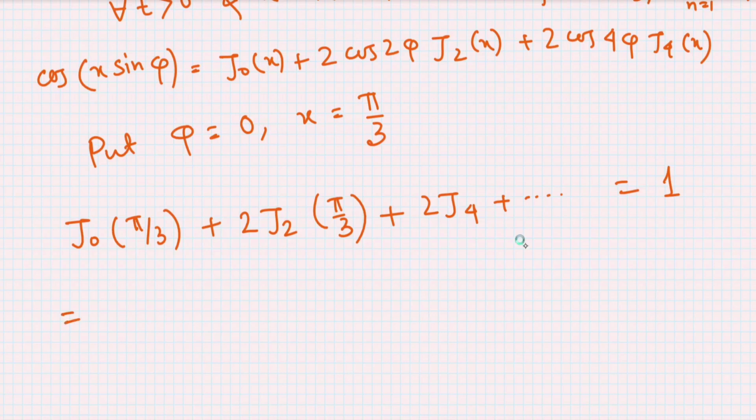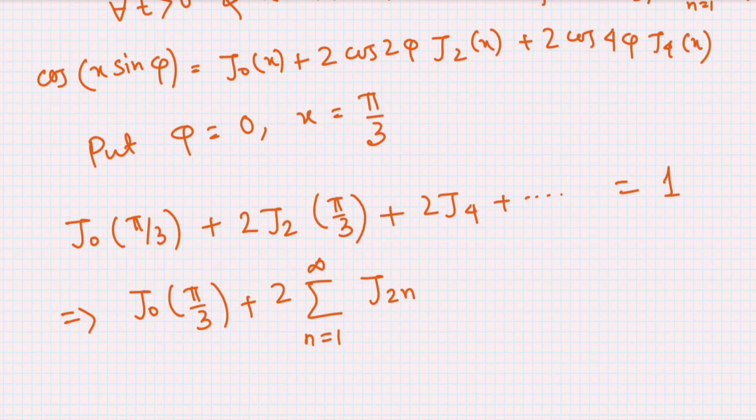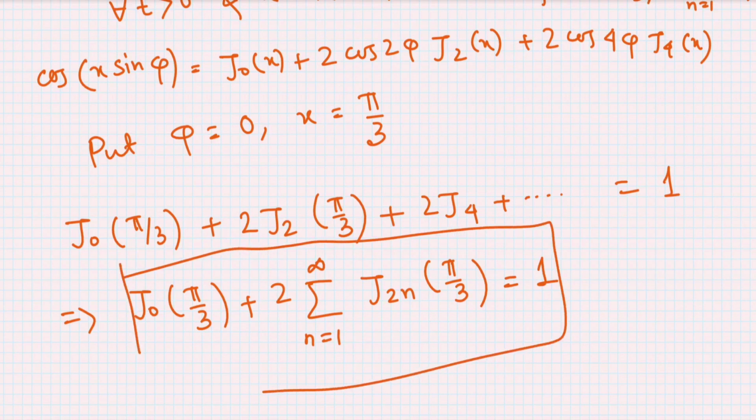Writing in summation form, J0(pi by 3) plus 2 summation n equal to 1 to infinity J2n(pi by 3) is equal to 1. This is the given question, J0 plus 2 summation J2n(pi by 3), which is equal to 1.